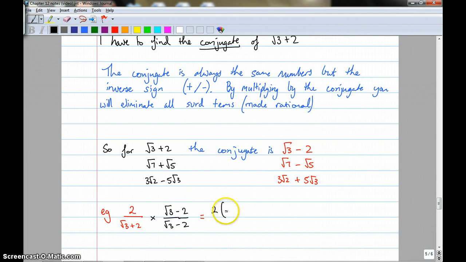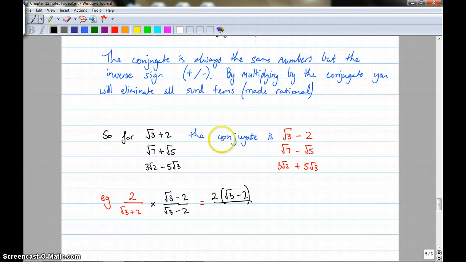I'm going to do it just a little bit longer, with more steps, just so you can see exactly what I'm trying to do. That will become root 3 plus 2, root 3 minus 2, that's a 3 by the way. There we go.